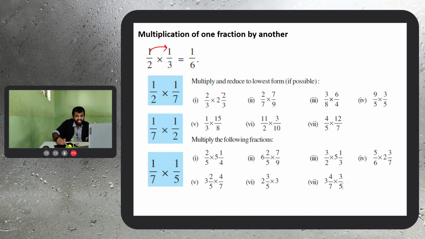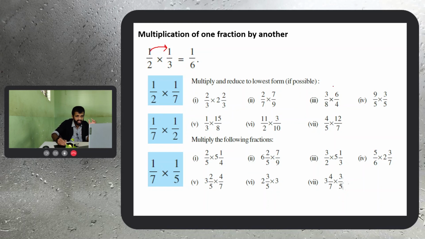What kind of a fraction is this one? It's a mixed fraction. Convert it and make it proper or improper, whatever you get as an answer, and then multiply the fraction. So when you're multiplying one fraction by another, we don't bother about any numbers, we straight away multiply numerators together and we multiply denominators together.